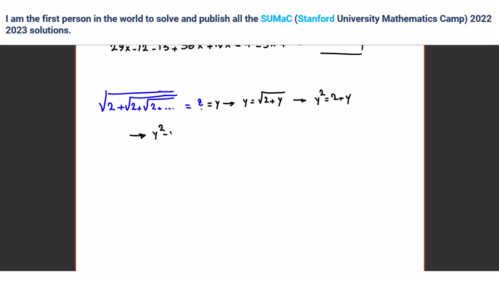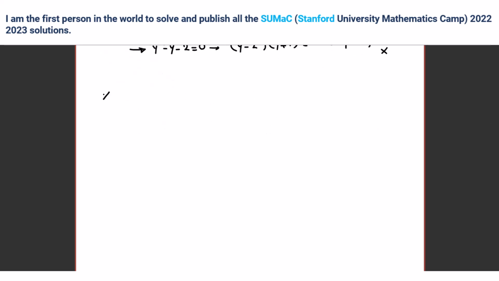So y squared minus y minus 2 is 0, right? y is 2 or negative 1. Negative 1 is not possible. Why? Because a square root is always positive or 0. Inside we also have positive numbers, so it is positive. And y is 2. Good job. So you answered this one correctly too.